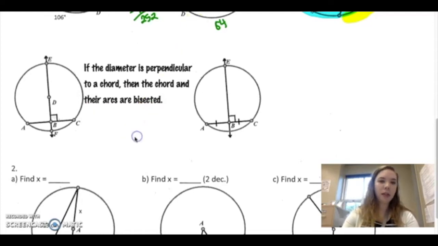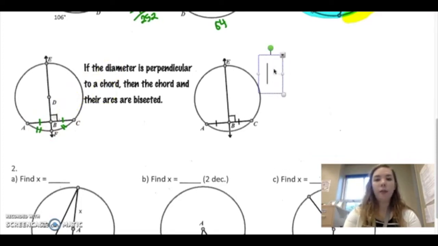So what that means here, if this diameter is perpendicular, this chord is bisected, and then the arc lengths, similarly as before, are bisected, they'd be congruent.